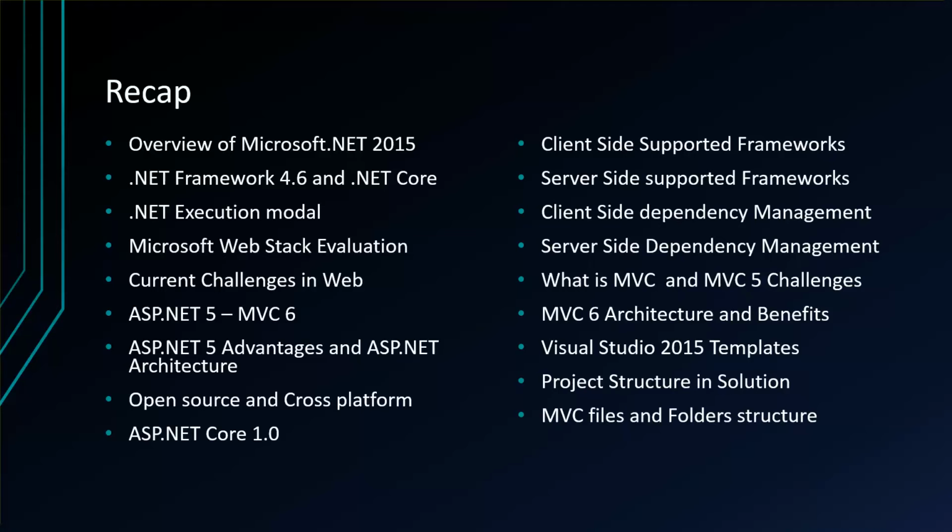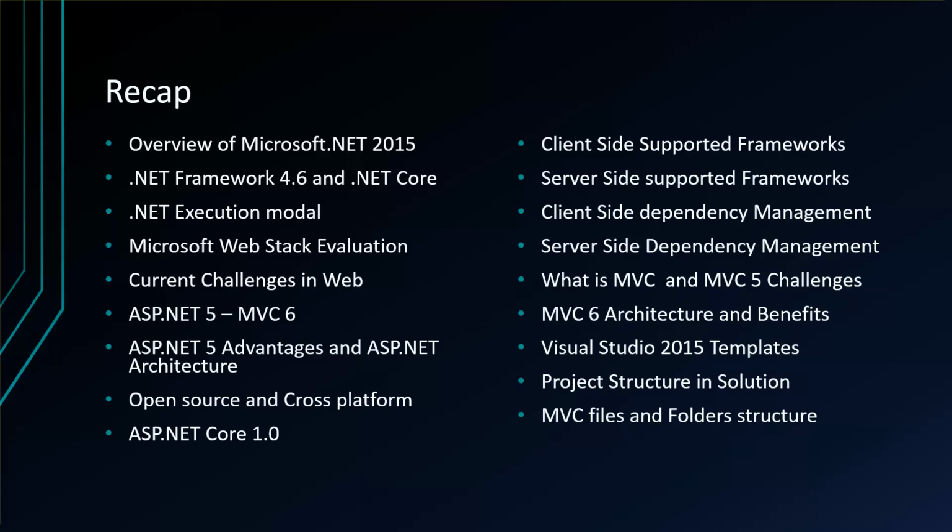And we have also seen the current challenges we are facing in the world of web when competing with modern hardware. And we have also seen ASP.NET 5 and MVC6, ASP.NET 5 advantages, ASP.NET 5 architecture, how MVC6 and ASP.NET 5 fit in the world of open source and cross-platform, and why Microsoft renamed MVC6 and ASP.NET 5 to ASP.NET Core 1.0.